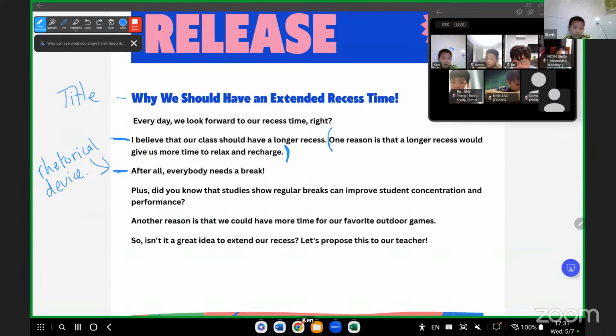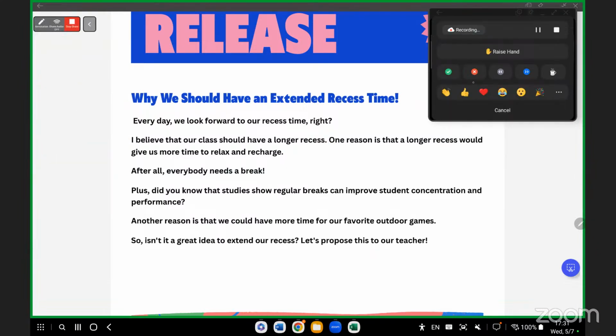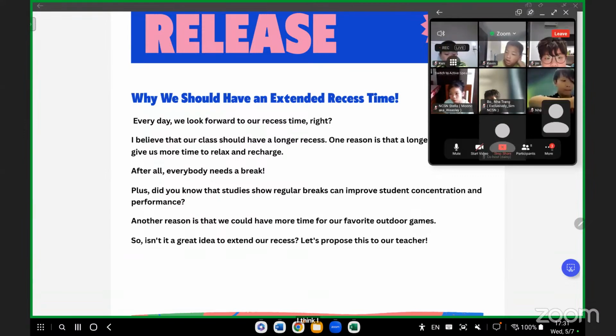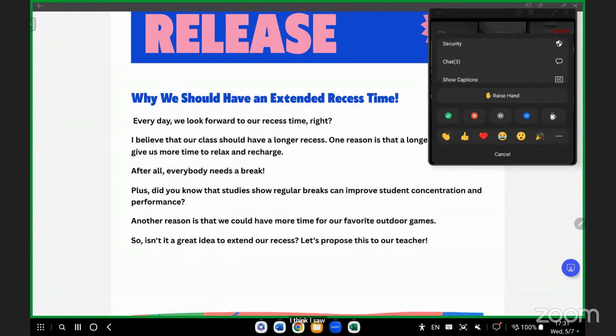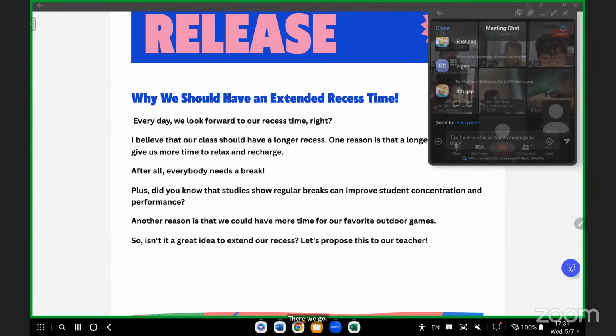I think it is the fourth paragraph. Very good. I think I saw Bo. There we go. Very good, Ken. So Bo answered the question as well.